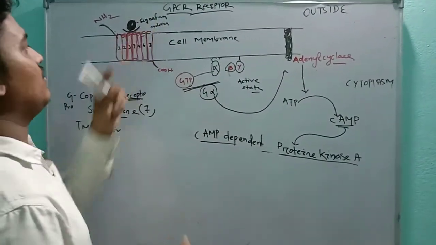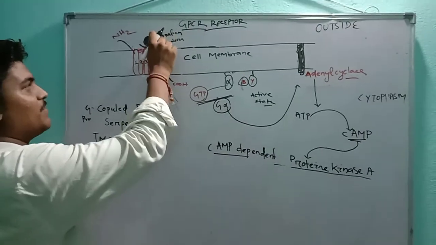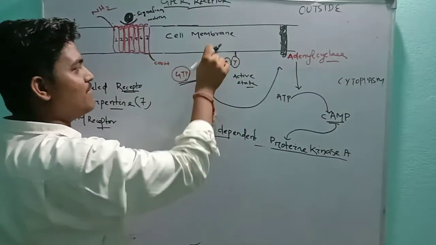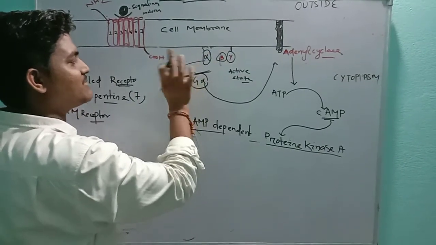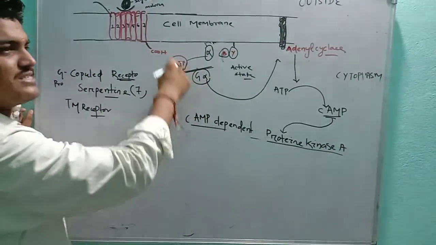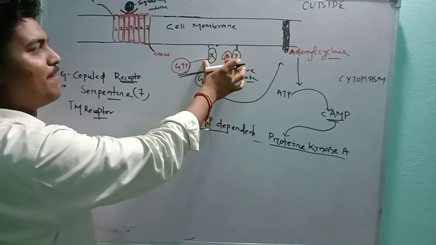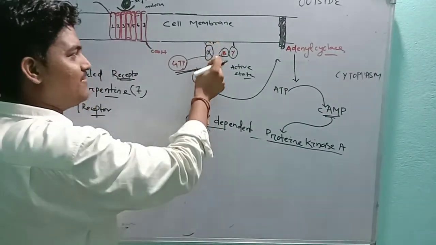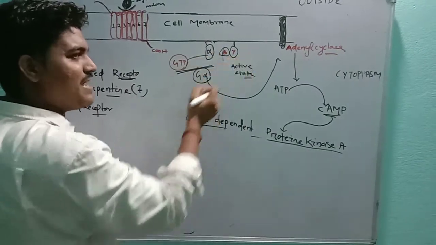I am repeating the information. First, the signaling molecule binds at the receptor. Just after binding, inside the membrane, the alpha subunit will be attached by GTP. When the alpha subunit is attached to GTP, the alpha beta gamma complex, the G protein, becomes active, and alpha separates from beta and gamma.